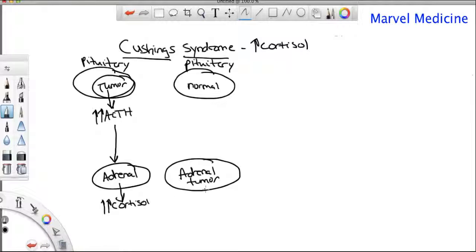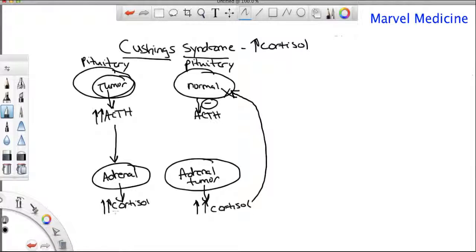And what this adrenal tumor is releasing is a lot of cortisol, again, causing the same thing, Cushing syndrome. But what this cortisol is doing is it's going back to the pituitary and inhibiting the release of ACTH. Okay? All right? It's inhibiting ACTH.